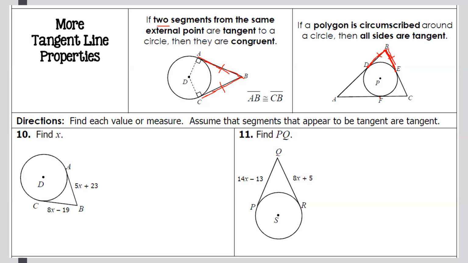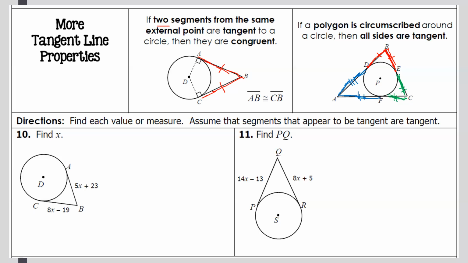You're allowed to say that these 2 segments are congruent, and that these 2 segments are congruent. Okay, and we're going to see some examples of that.